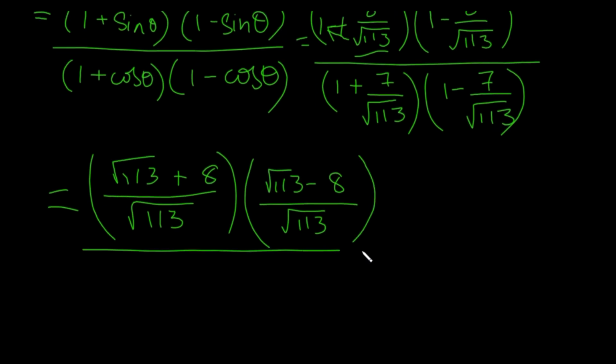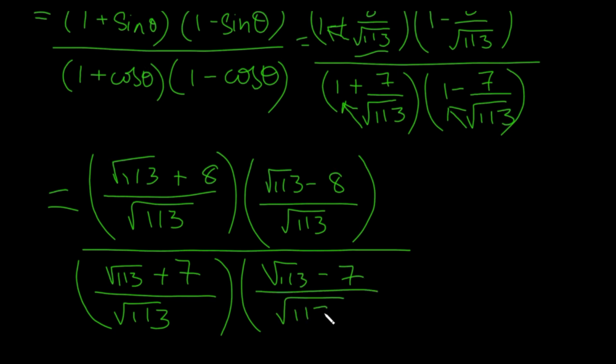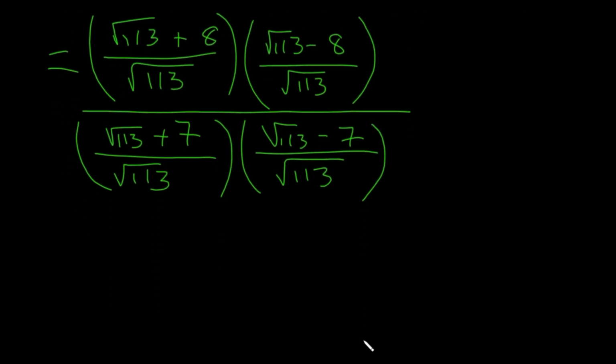The same goes with the denominator, (root 113 plus 7) divided by root 113 into (root 113 minus 7) divided by root 113.